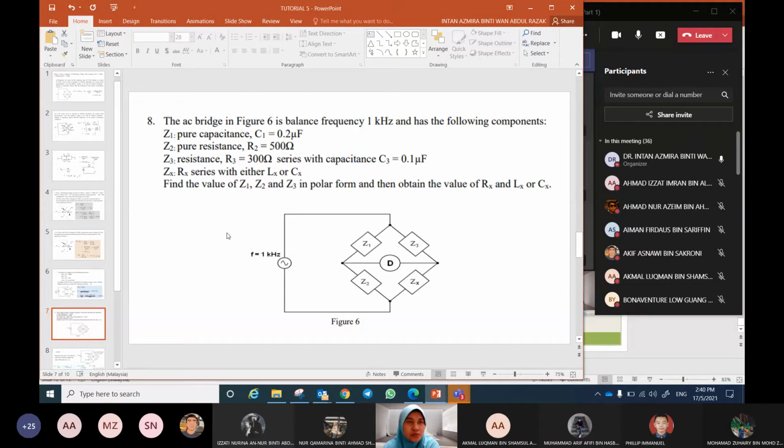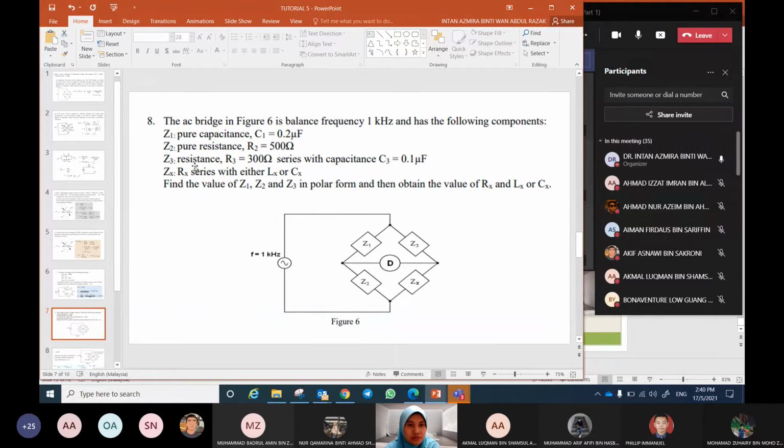Okay, so this is number 8 from your tutorial. An AC bridge in figure 6 is balanced, frequency 1 kilohertz, and has the following components. Z1 is a capacitance with C1 equal to this. Z2 is a resistance, R2 equal to 500.